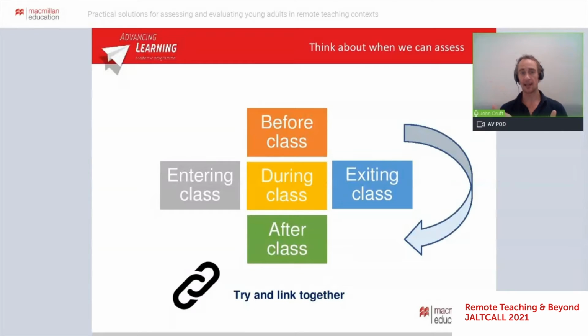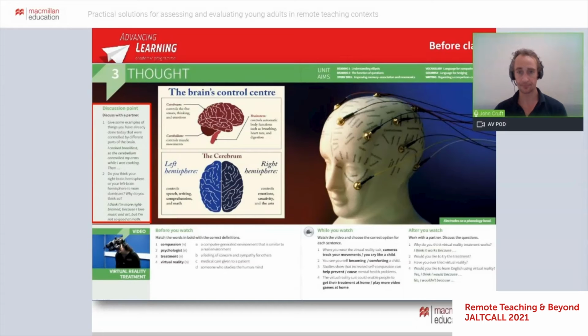So you can link up what they're doing before class using some activities from the online platform first. Teacher can check that, then come to class and apply that learning in class. And then after class, maybe they can go back and do some additional activities on the online platform. So it's all linked together. If you don't have that, there's still lots of ideas that I'll show you today about how we can try and link these elements together.